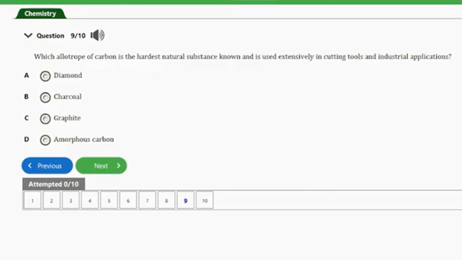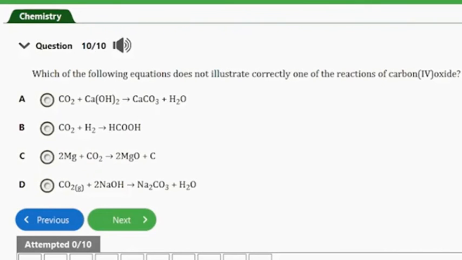So guys, the answer to this question, like you must have guessed rightly already, is option A, and that's diamond. Diamond is actually the hardest natural substance known among the allotropes of carbon, and it's extensively used in cutting tools and industrial applications. So that's it for that question. Let's consider the next question, and that's the last question for this video.